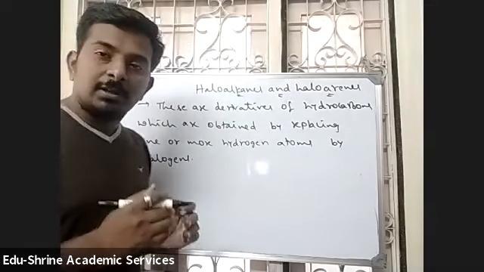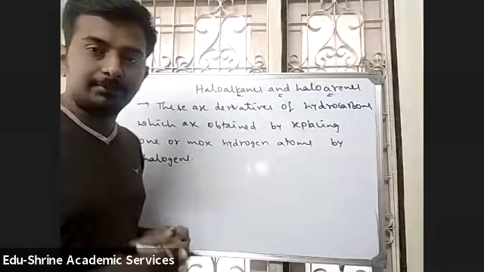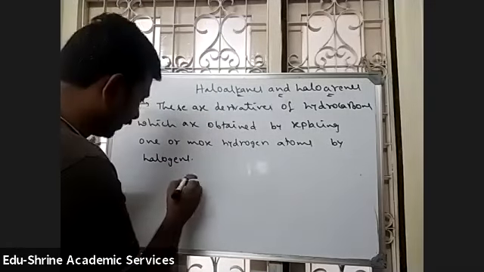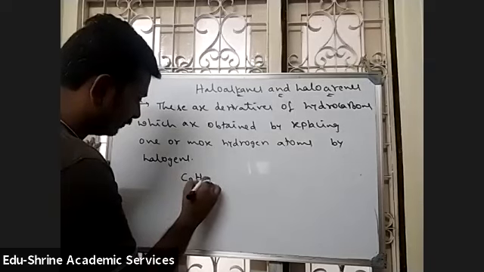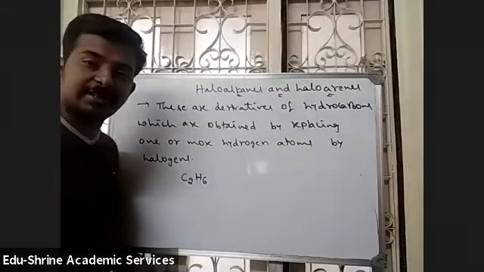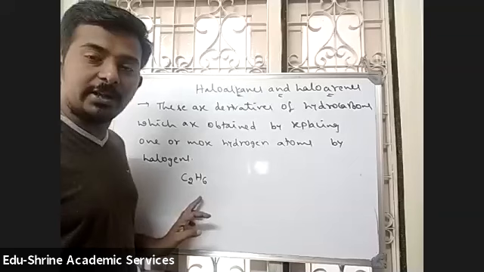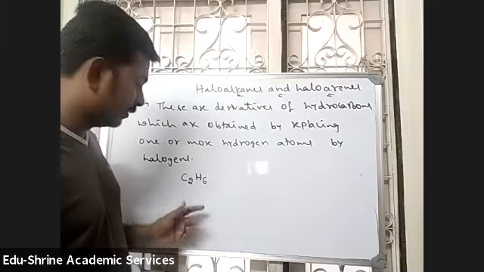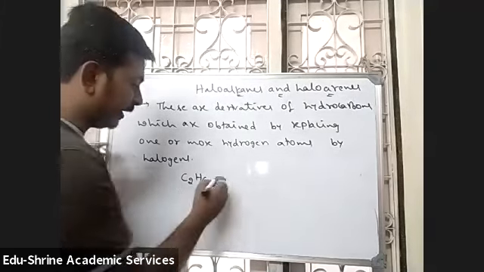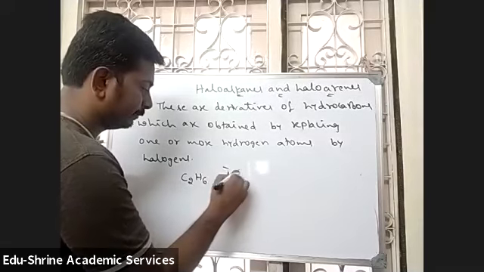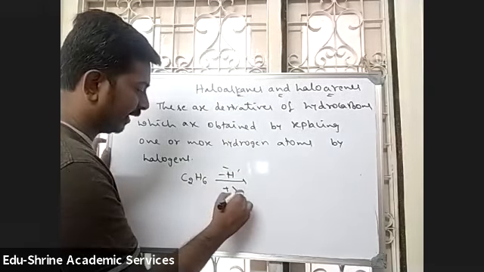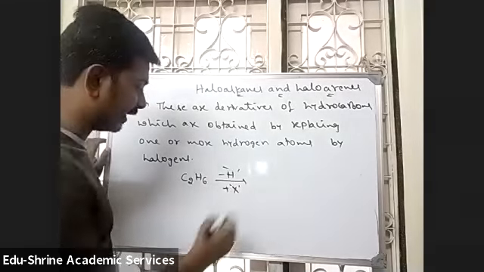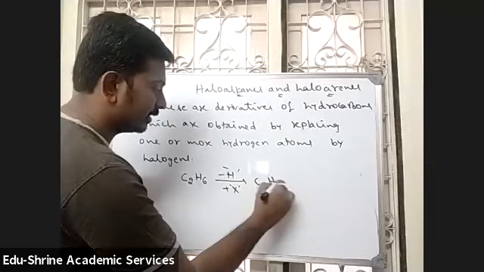Suppose if I take an aliphatic hydrocarbon, for example, if I take C2H6, so we know that C2H6 is nothing but ethane, right? So now from this, if I remove one hydrogen atom and add one halogen, X may be any halogen atom, then we'll get C2H5X.